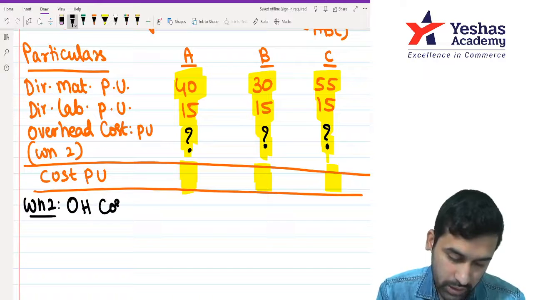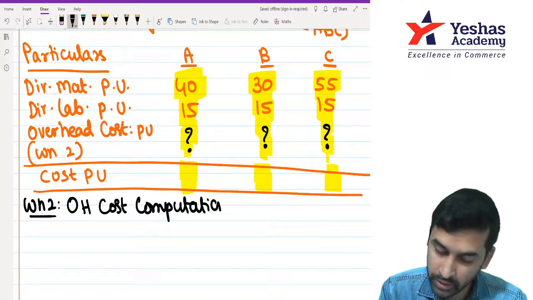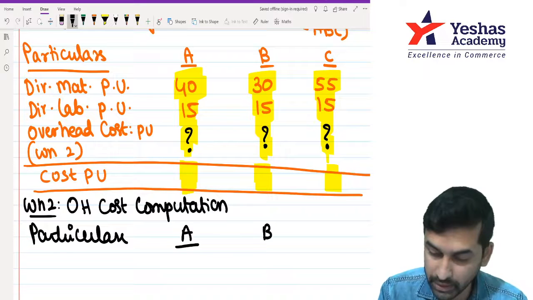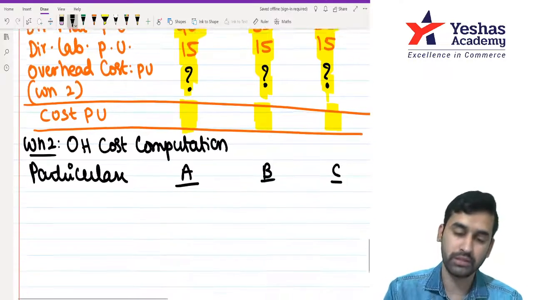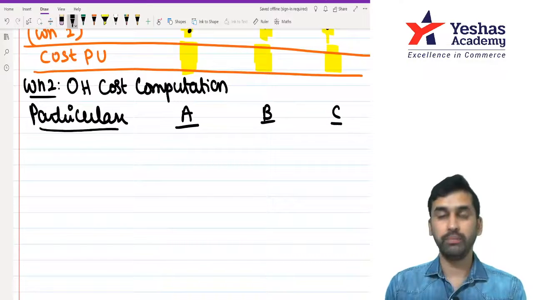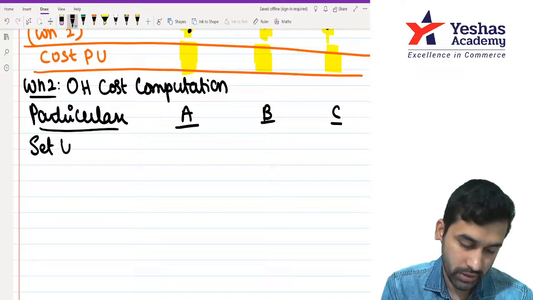Overhead cost computation. Particulars. Keep the same alignment: A, B and C. Just continue the columns as they are. Which is the first cost? Setup cost.